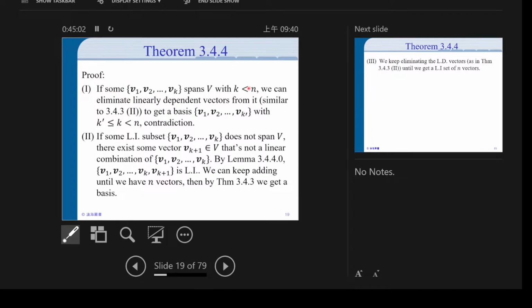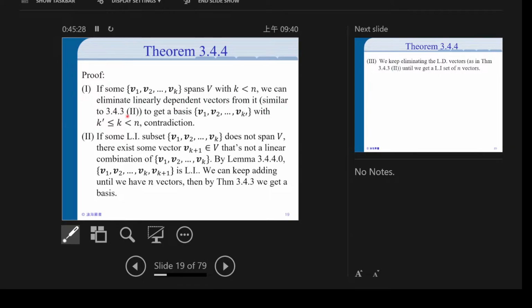You have k vectors with k less than n. But this is not a basis yet because they might be linearly dependent. So we want to eliminate some vectors from here until they are linearly independent, to show a contradiction. So we want to eliminate linearly dependent vectors from it.